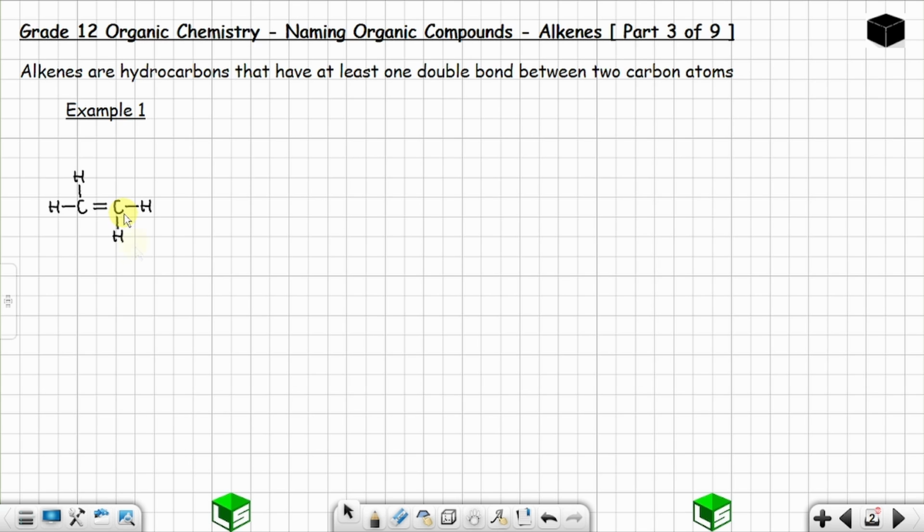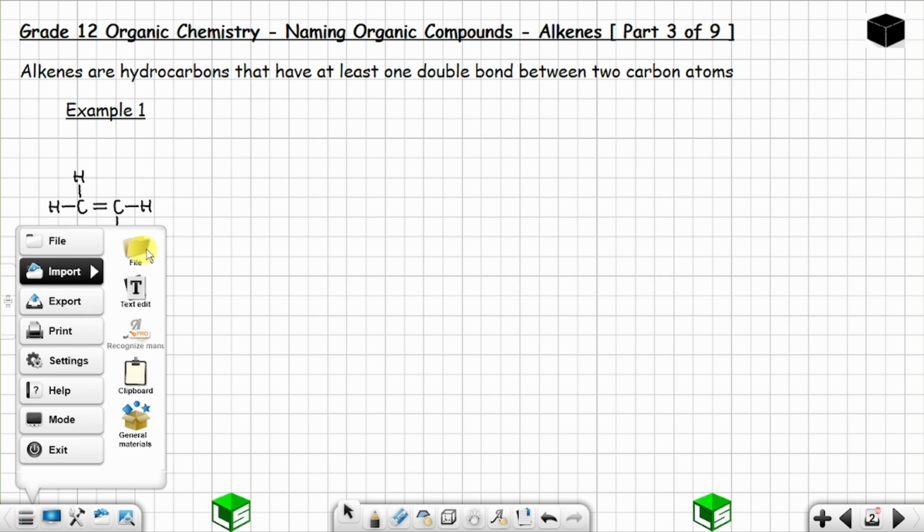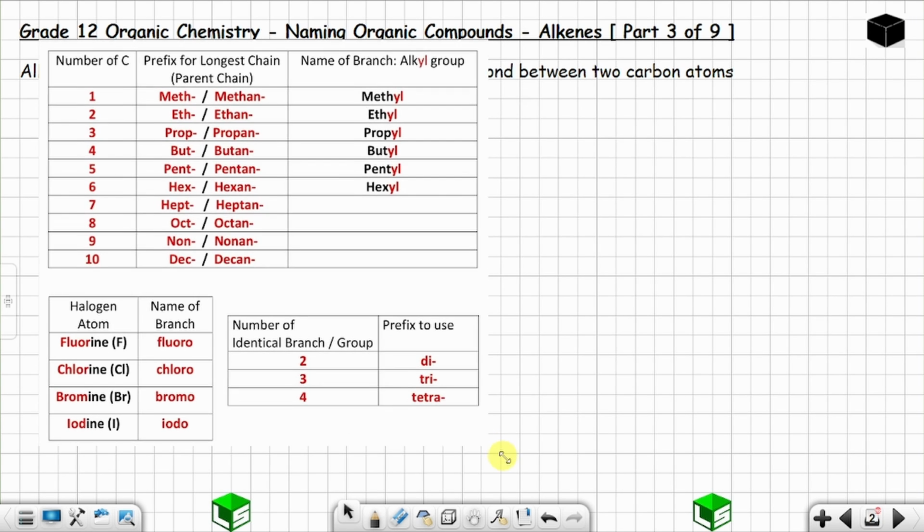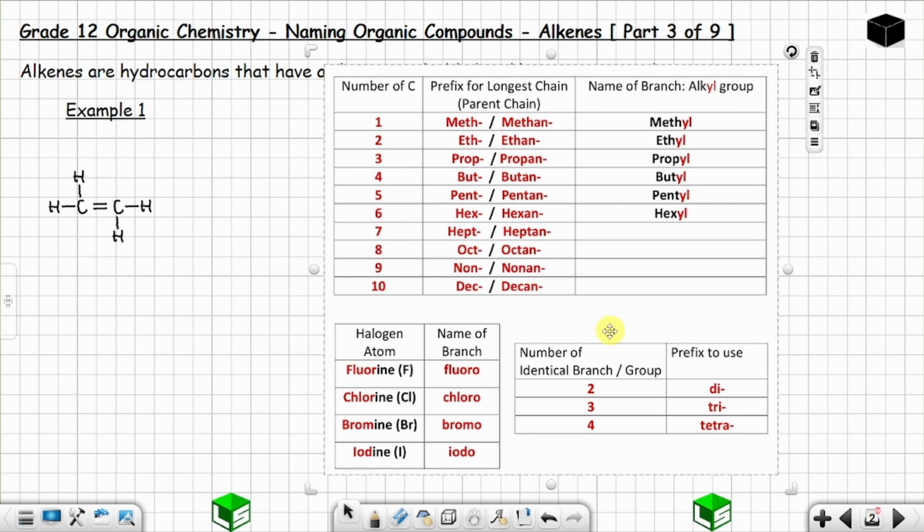You have to memorize this table. You are going to need it when naming organic compounds. When you have two carbon atoms, as in this case, the parent chain prefix will be eth.